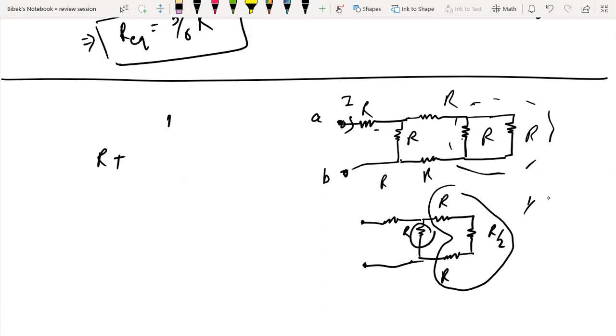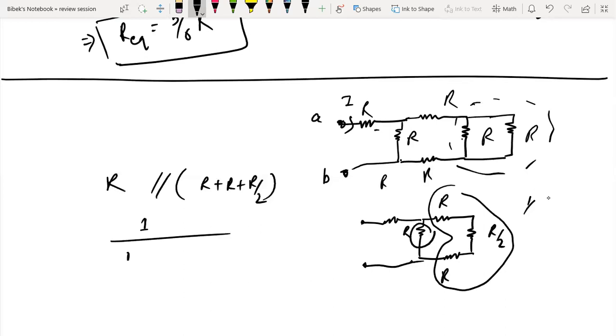I made a mistake. You have this thing in series, that means the equivalent resistance will be R over 2 for this 3 plus... this will be parallel with this small r. So that means you have 1 over R plus 1 over R plus R over 2.